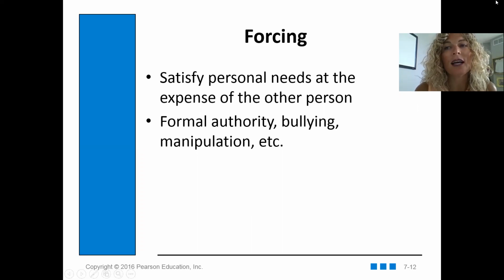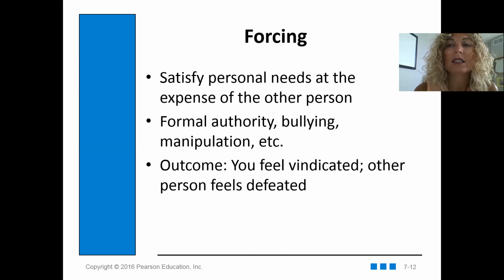And so it's not an ideal strategy by any means. It's definitely a strategy depending on the situation. But, over time, if a forcing strategy is your go-to strategy anytime you're in a conflict, you really will ruin that relationship if you care, but typically you don't care about the other person in a forcing kind of situation.